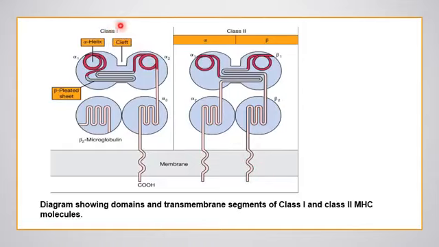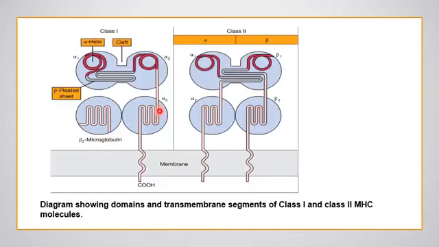Okay, the structure of the MSC class 1 consists of the alpha chain polypeptide and the beta 2 microglobulin, but the MSC class 2 consists of the alpha and the beta chains. Okay, the alpha chain polypeptide in MSC class 1 consists of the alpha 1, alpha 2, and alpha 3, with the beta microglobulin, and the alpha 3 is bound non-covalently with the beta microglobulin.